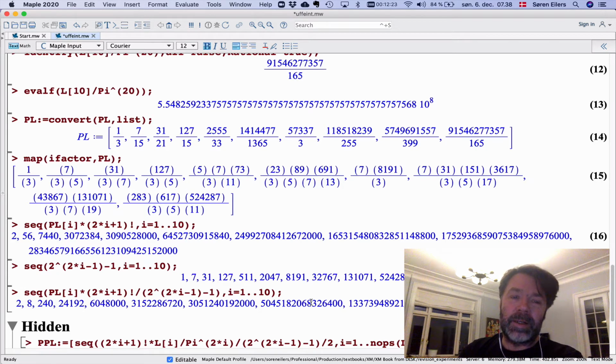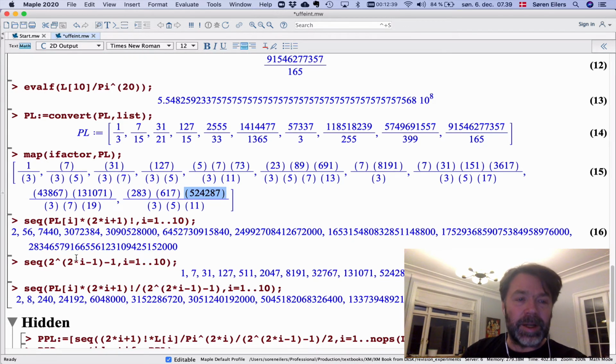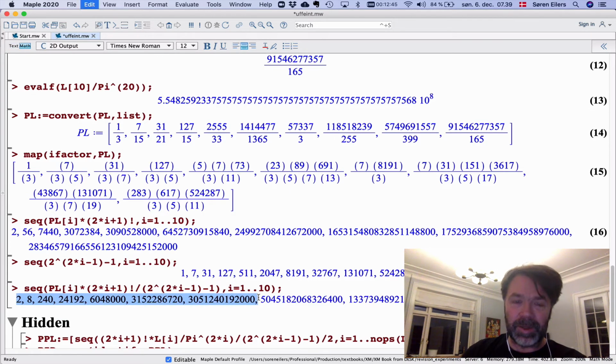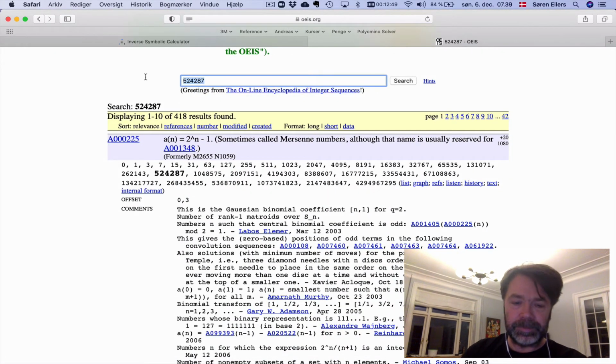But since the whole idea of looking at Mersenne numbers is that there's a high probability that these become primes, then the information is somehow preserved even after I do the factorization. So this is what works. Okay, so now I've tamed this a little bit by dividing through by this number that I know always, well, I don't know if I know it, but I've seen that it always divides. So I try to plug this into the online encyclopedia.